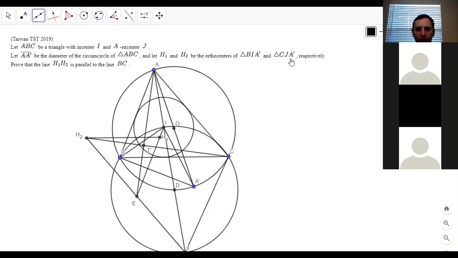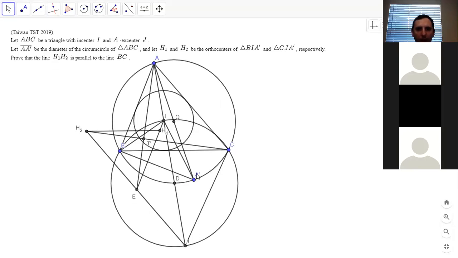Maybe we can use IA' equals JA'. Oh yeah, because this is the right angle. That's a good point.